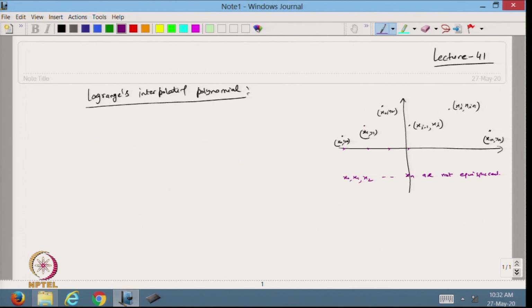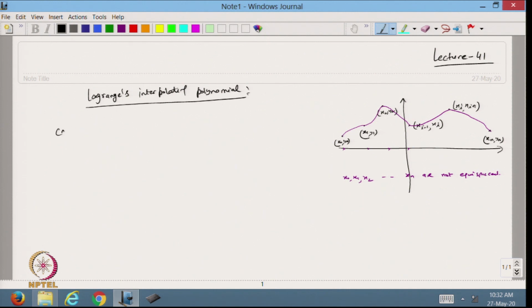In this case I want to find the unique interpolating polynomial that passes through all these points. So let us start with the expression.